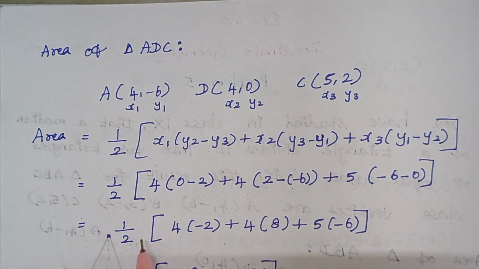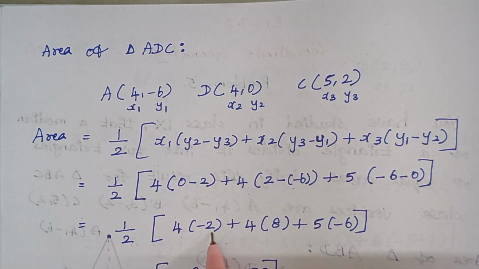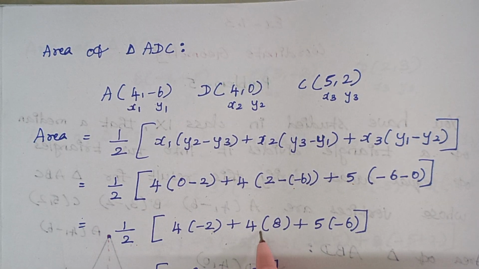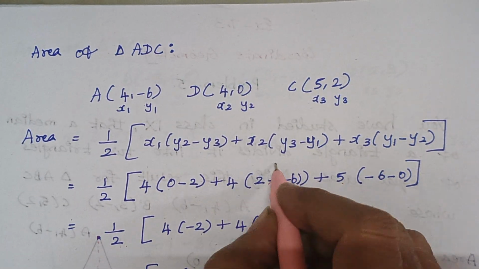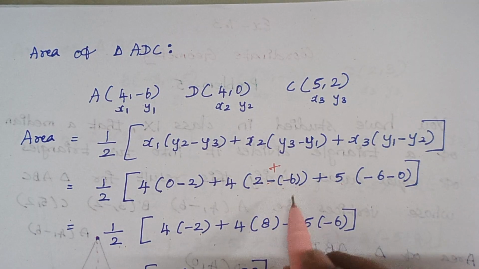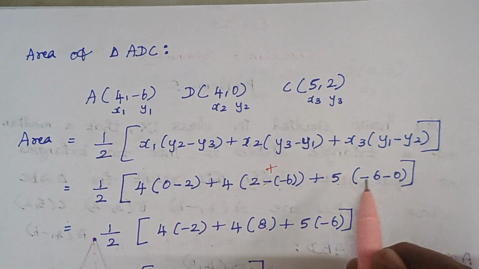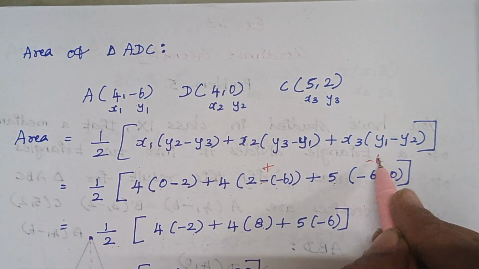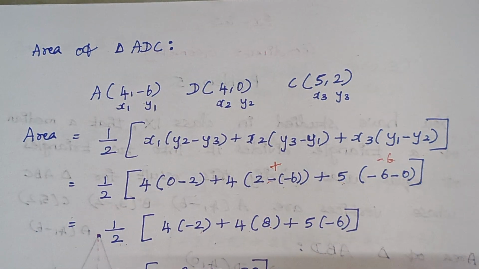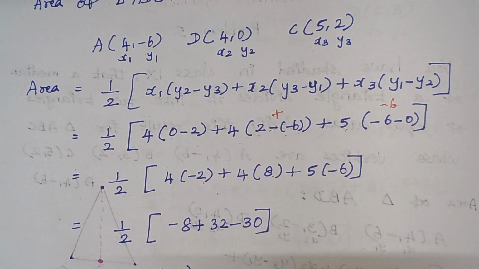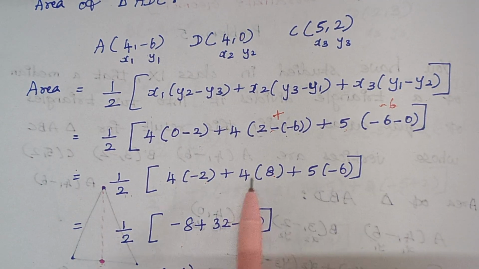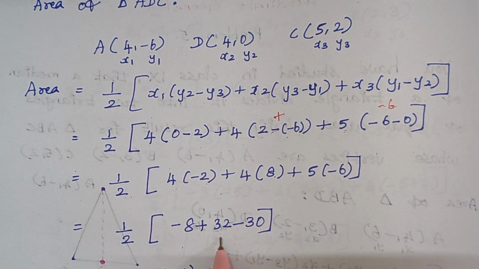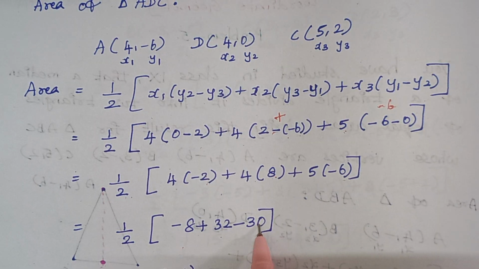So here half of 4 into (0 minus 2) is minus 2, plus 4 into (2 minus into minus becomes plus) so what is 2 plus 6? It is 8. And here 5 into (minus 6 minus 0) is minus 6, so minus 6 into 5 is minus 30. So 4 into minus 2 is minus 8, 4 into 8 is plus 32, and 5 into minus 6 is minus 30.